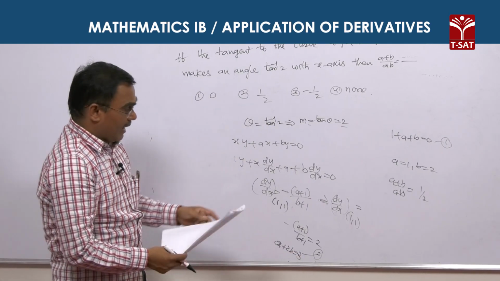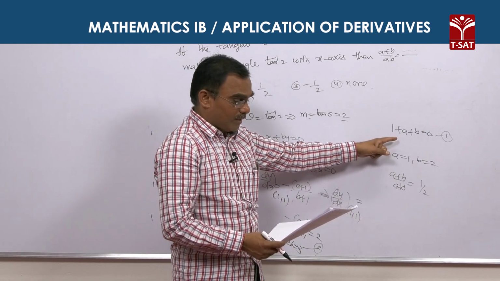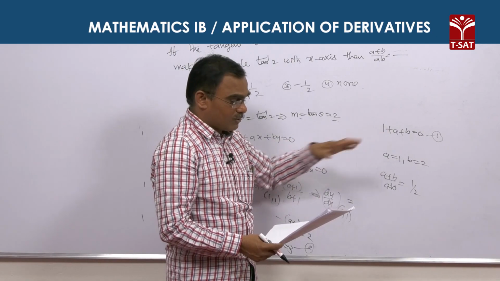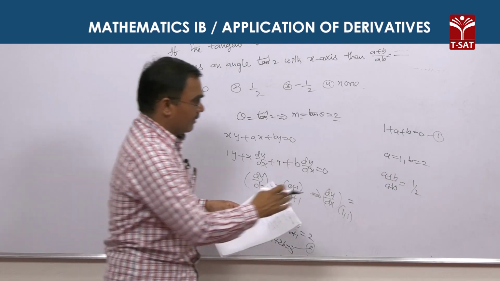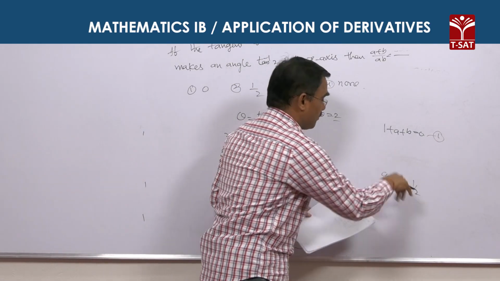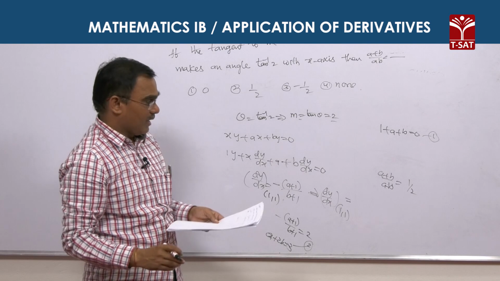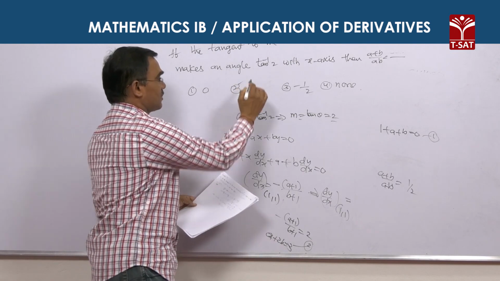This is one equation, and also 1,1 lies on the curve. From this, a plus b plus 1 is equal to 0. Solving these two equations, we get the a and b values. Simplifying the value of a plus b by ab, the value is 1/2. The second response is the answer.